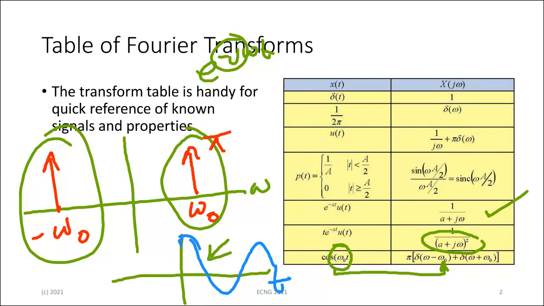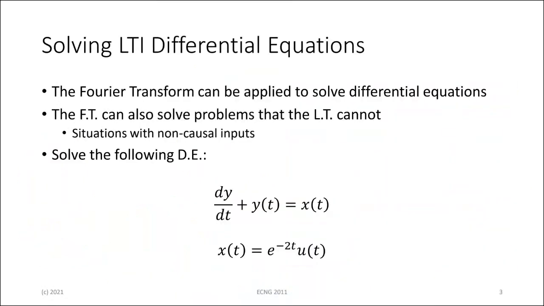Okay? Right. So one of the uses of the Fourier transform is that we can solve differential equations as well. You remember the primary purpose of the Laplace transform was to help us solve LTI differential equations, in that you didn't have to integrate the equation and do integrating factors and the like.